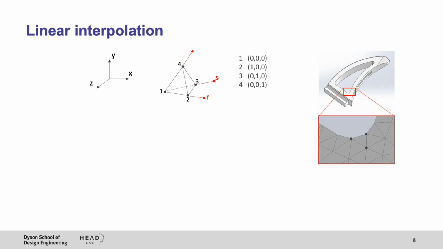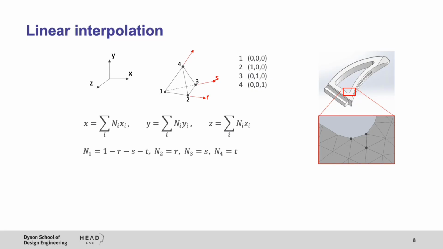For a 4-node tetrahedral element, the coordinate of any point inside the element is described using 4 shape functions that I have shown here. These shape functions are described in the natural coordinate system. So you can see they have R, S, T as the variables.